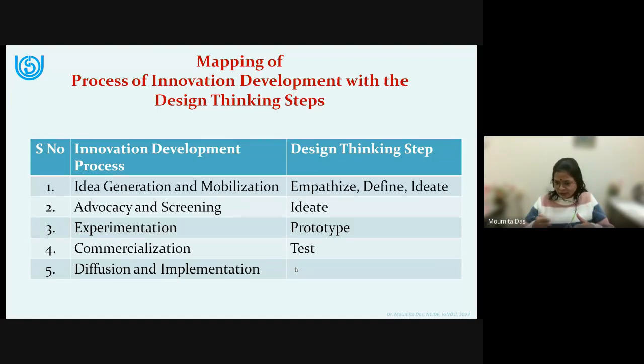As somebody said just now, idea generation can have all the steps of design thinking, or can be a part of all the 5 steps in the innovation development process also. But just so that you don't get confused, mostly these steps are for these levels. This is an exercise so that you understand the interrelationships between the concepts.